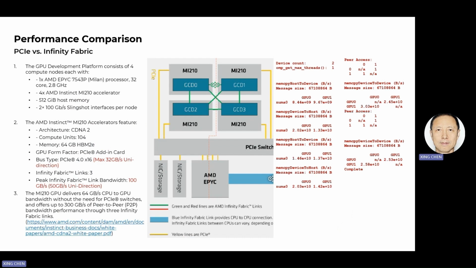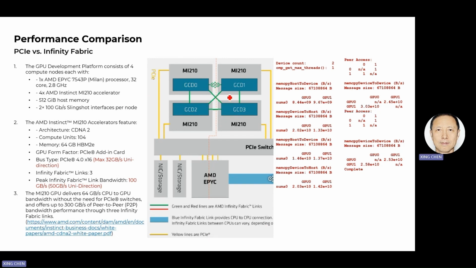I want to show you that we really have the performance improvement. I have the chance to access a system with AMD GPUs, AMD MI250 GPUs. This is the architecture of a node.